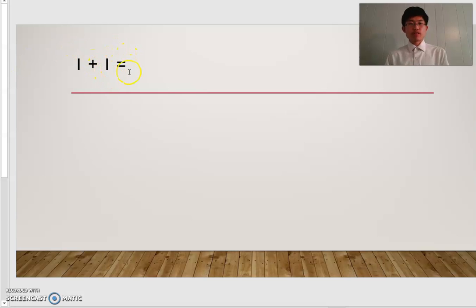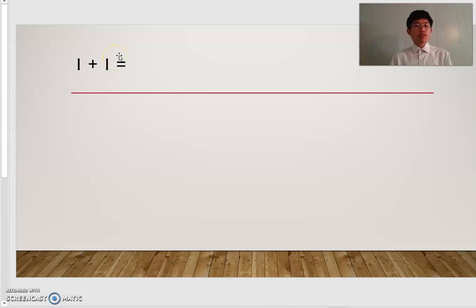This thing right here. It's the equal sign. I want you to think about what this symbol represents. Think for a moment. That equal sign.